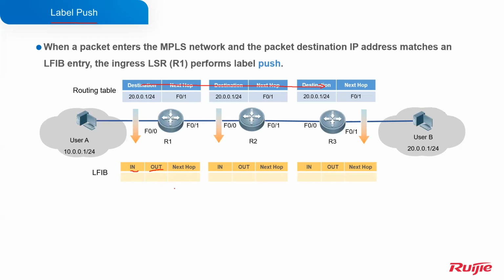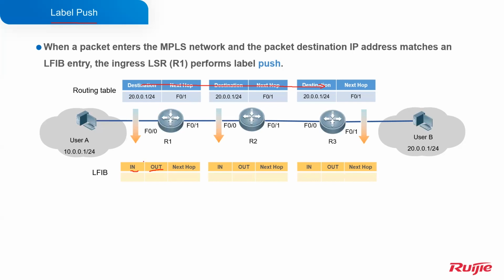So this is the distribution for the out label. And the next hop is we will have the outer interface, and we also have the next hop address to do the encapsulation. So this is a function.